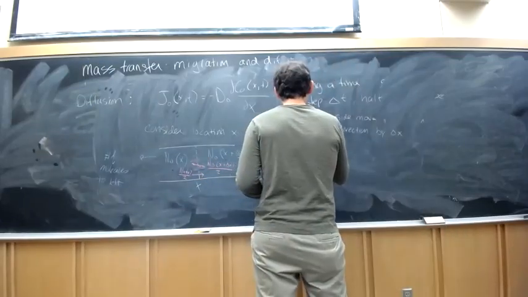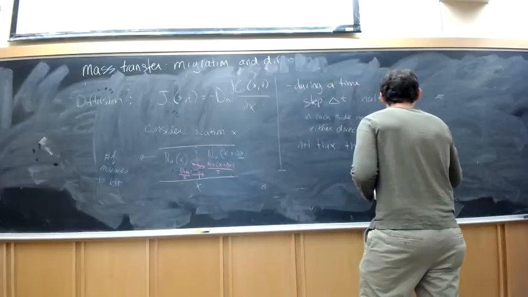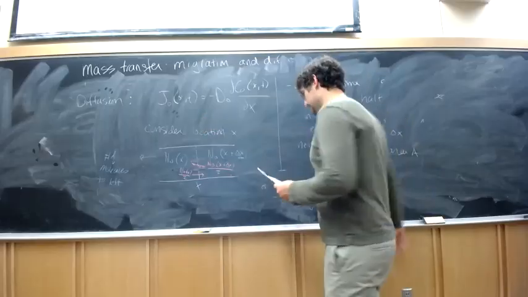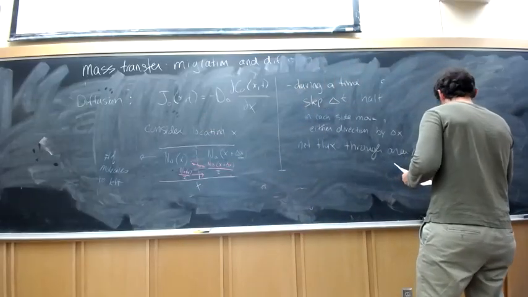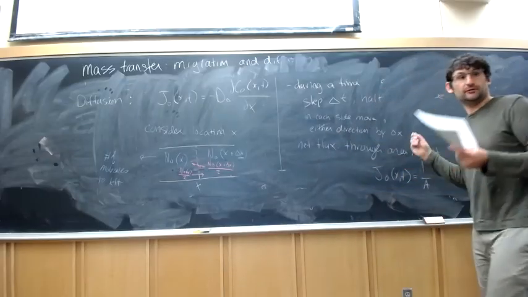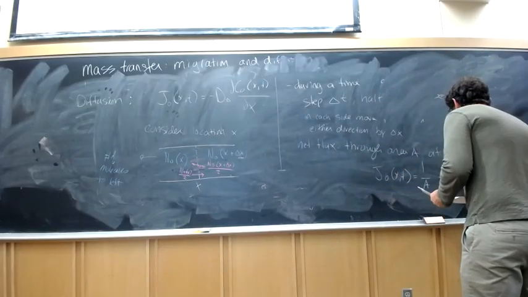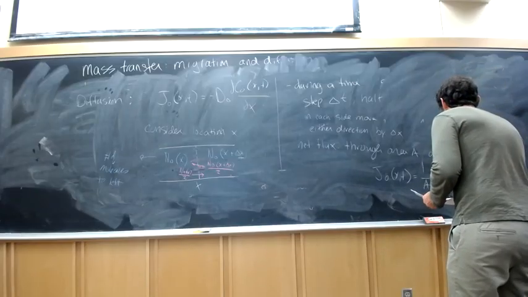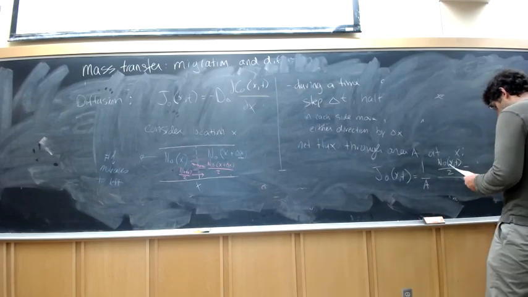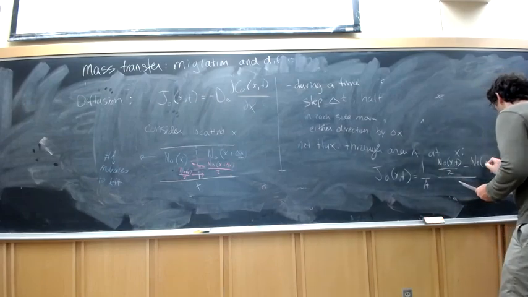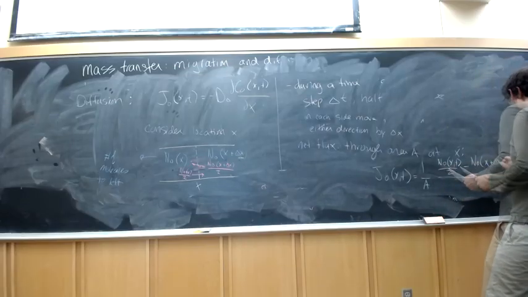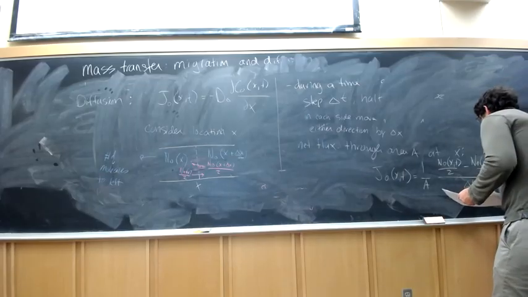So the net flux through area A, if I imagine this has some cross-sectional area A, right? The net flux at position x is just going to be given by 1 over A, because that's the area, species per unit area, times the species moving from left to right, N_O(x,t) over 2, minus the species going from right to left, N_O(x plus delta x, t) over 2, all over delta t, the time increment.